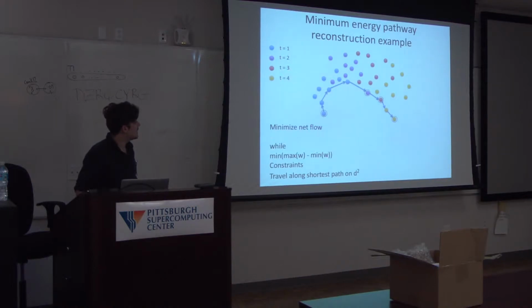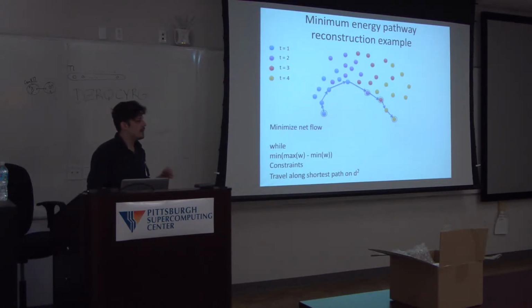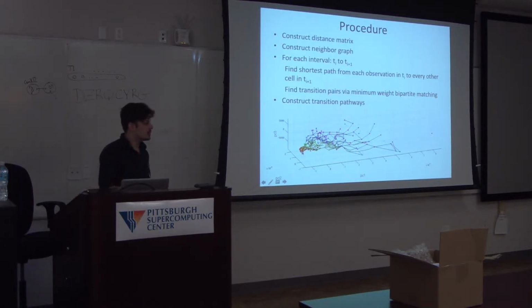This can be extended to time series of cells, where instead of tracking cells over time, you're assigning one cell at time point 1 to a minimum energy cell at the next time point to reconstruct how subpopulations may occur during the differentiation pathway. Down here are the reconstructed pathways: given a cell at a particular time point, the most probable cell morphology in the previous time point and in the next time point.